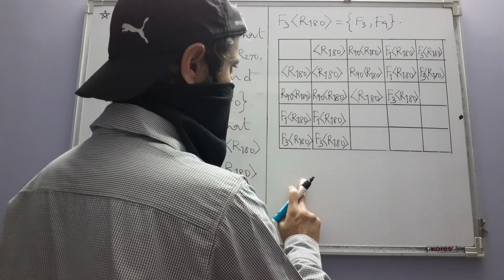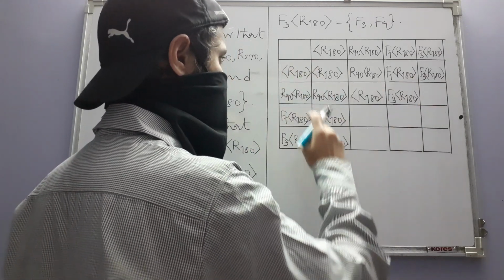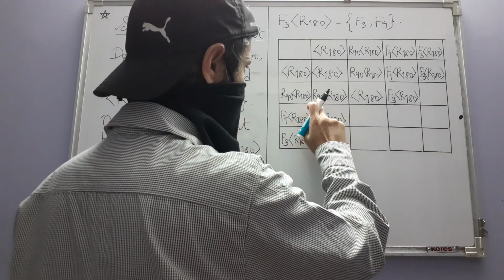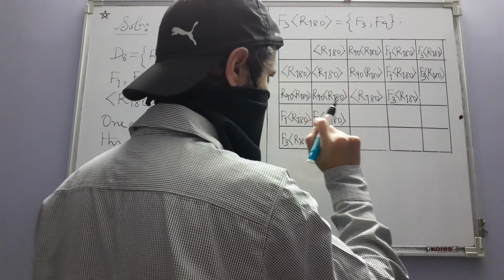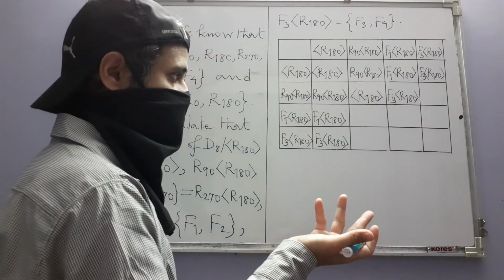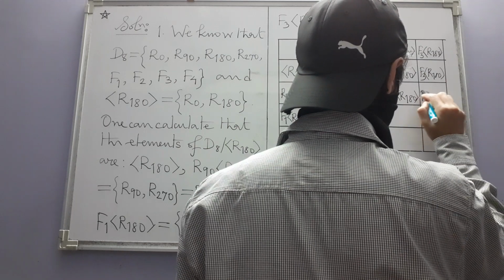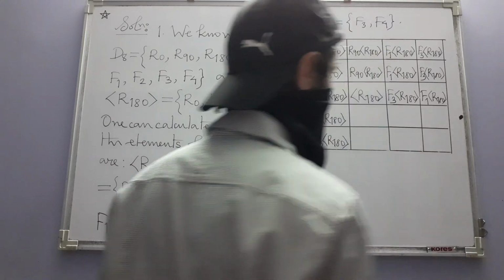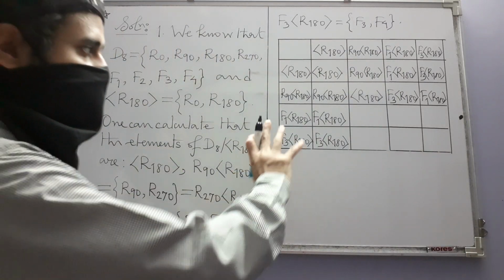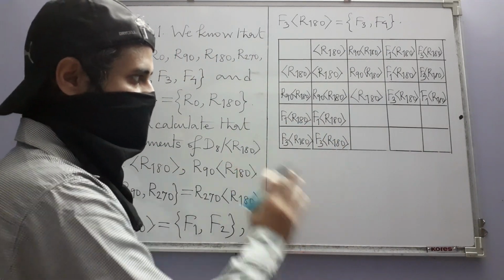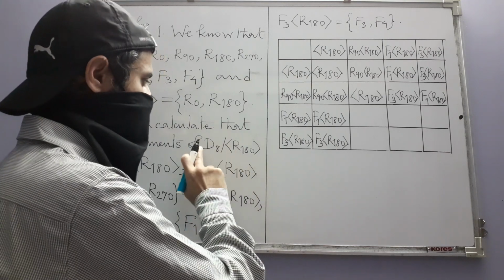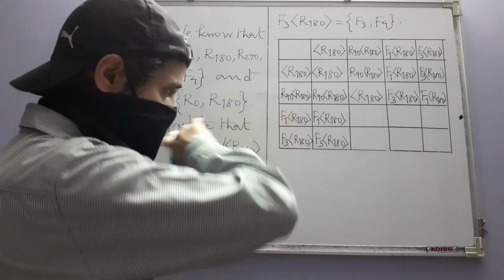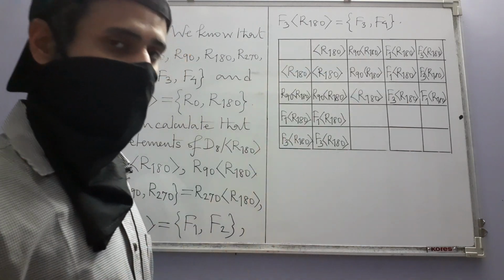Each element of the group appears in every row and every column exactly once. So we already have R90 R180 here, then R180, F3. So what is the other thing? F1. So you can just simply put that here. And note that we are able to do so because we are not trying to show that this is a group. We already know that this is a group. That's why the table has to be like that.